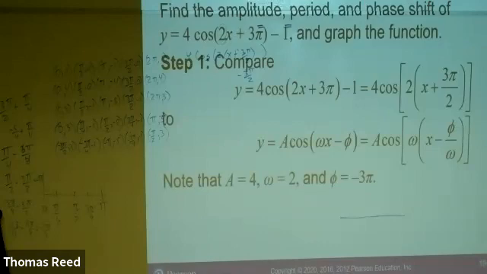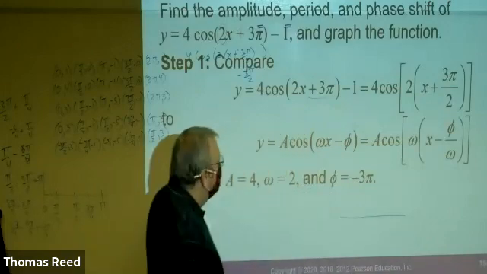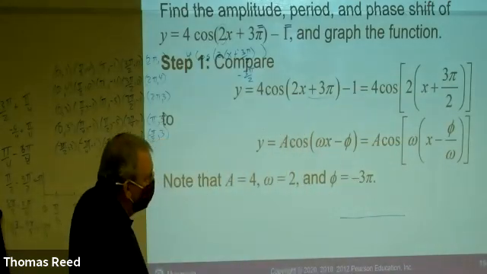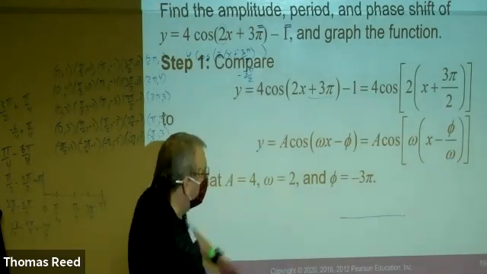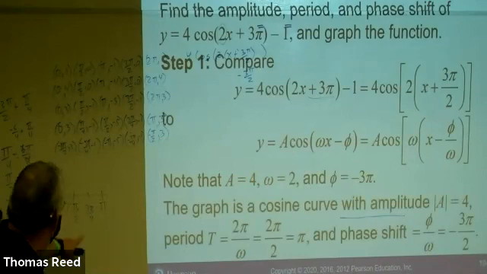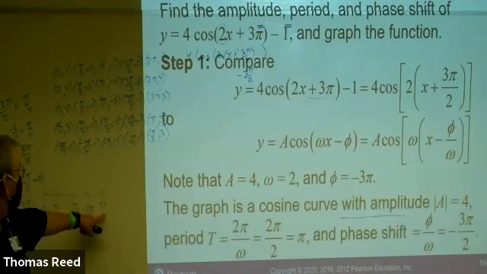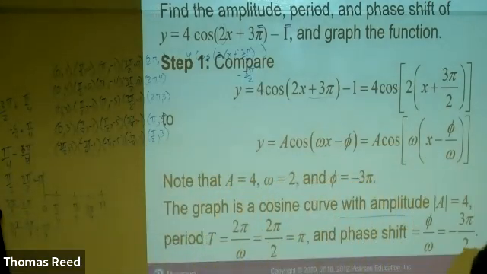So B is negative 3 pi. So the phase shift is negative 3 pi divided by omega, which is 2. So the period is pi, and the phase shift is negative 3 pi over 2.